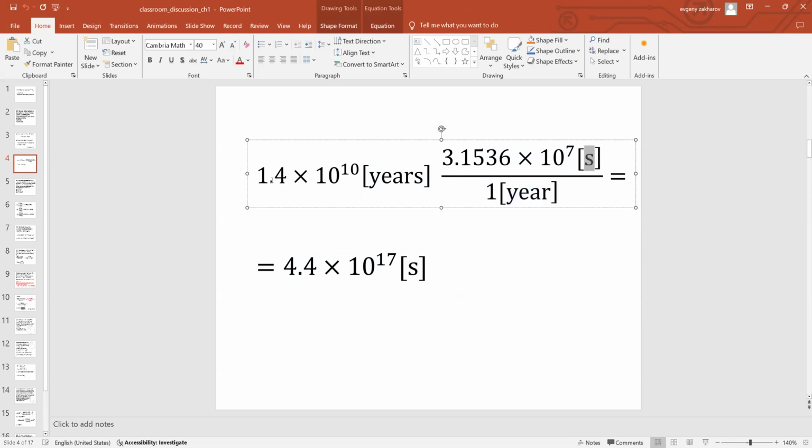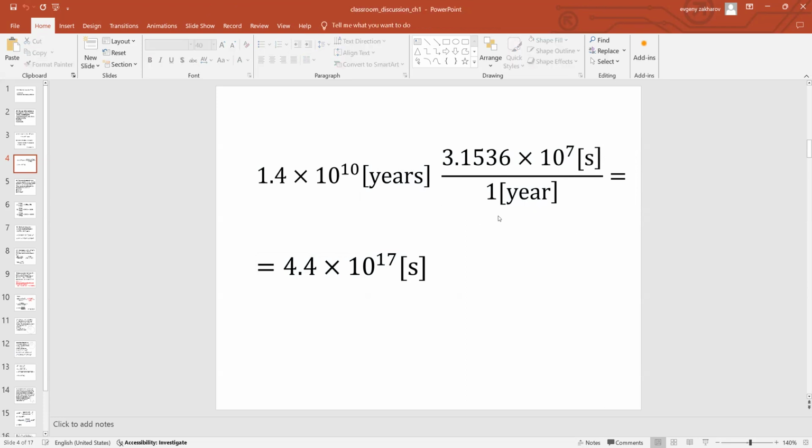So you can only say seconds here because years cancel out and seconds stay. And for that, you multiply 1.4 times 10 to the 10 times 3.1 times 10 to the 7. And this is a perfect example for rapid estimation. So let's say I don't have a calculator. First of all, I work with powers of 10. 10 to the power of 10 times 10 to the power of 7. Well, if it's multiplication with the same base, you add the powers.